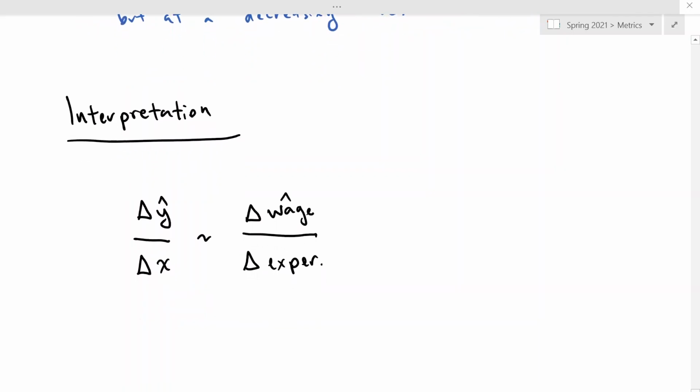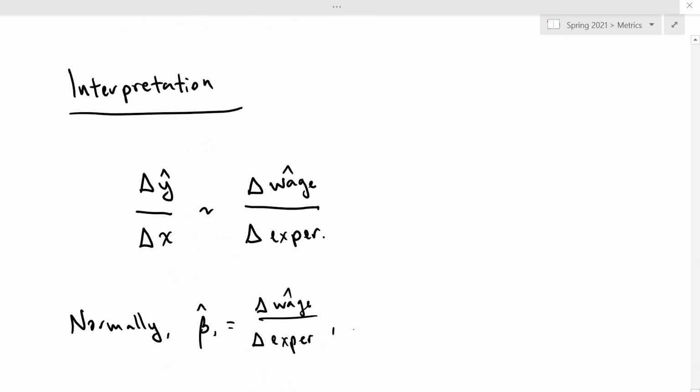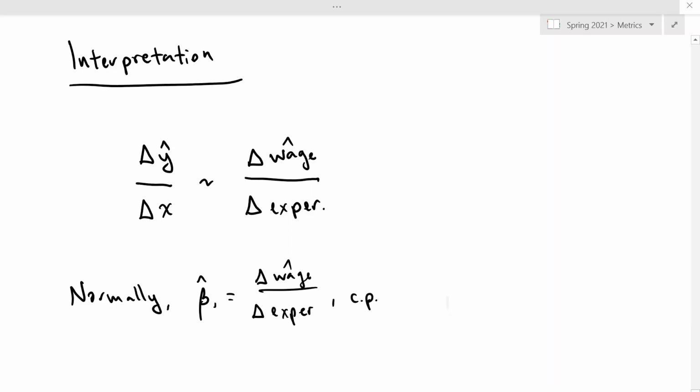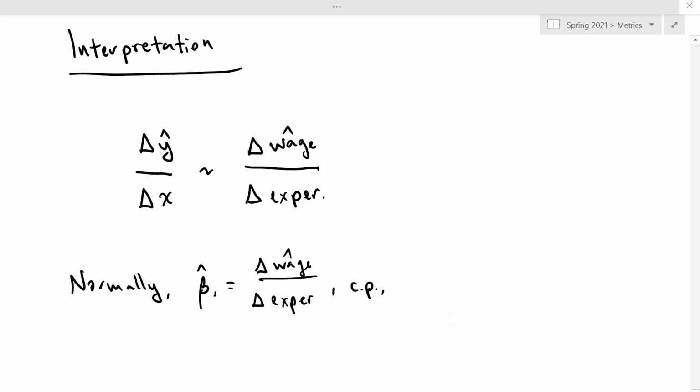Okay, normally that beta 1 estimate is equal to what we're interested in, the change in wage with respect to the change in experience, ceteris paribus, holding everything else constant.